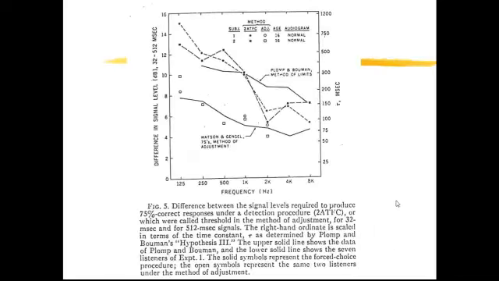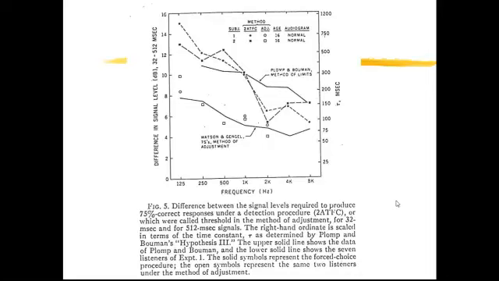So now we're looking at the difference between the two different procedures. We're looking at the method of adjustment, which is the bottom line, and then we're looking at the method of limits, which is at the top line, and then the two-alternative forced choice are the dark circles and the dark squares.